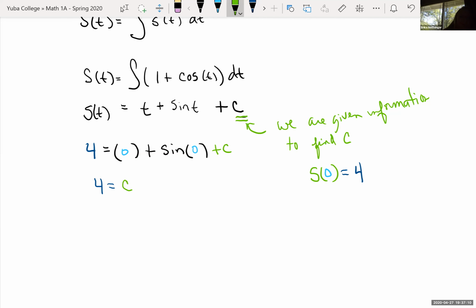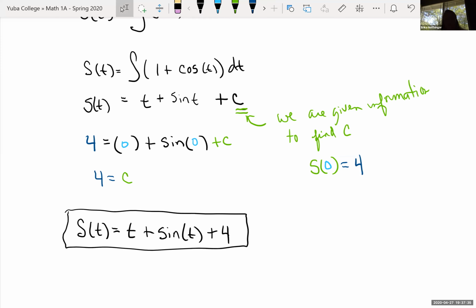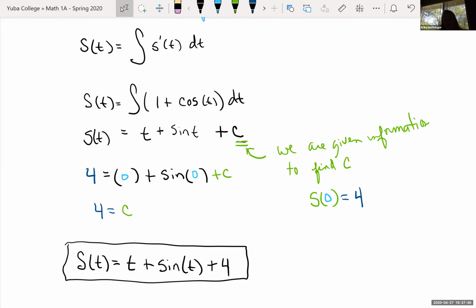So my s of t function with that information is t plus sine of t plus 4. If I took the derivative of that, I should be able to show that it is 1 plus cosine of t.